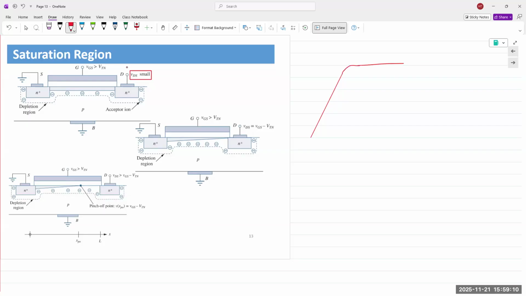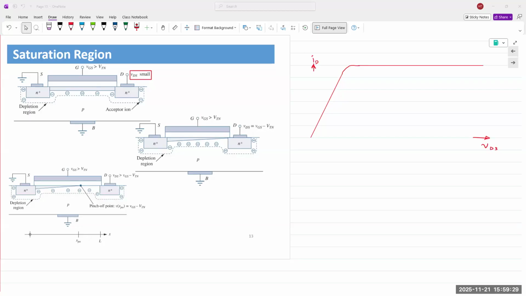Then it pinches off. Okay, pinches off. So this is ID, and this is VDS.